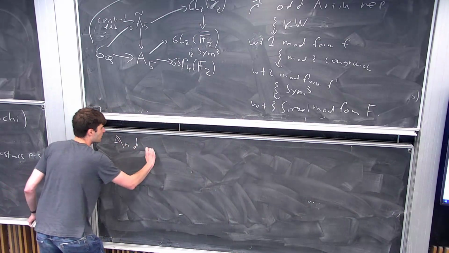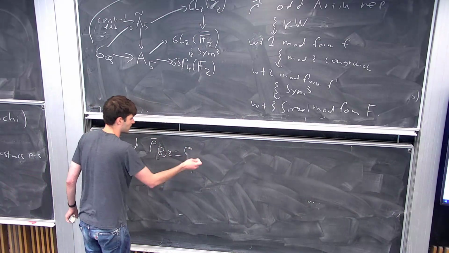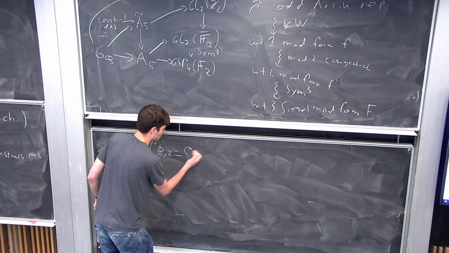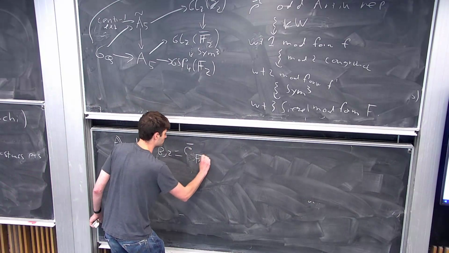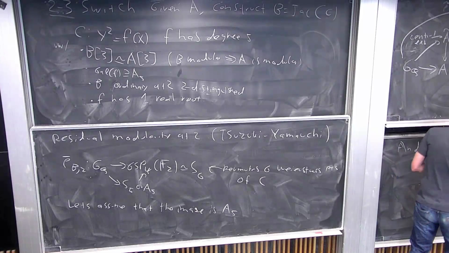And sort of rho bar B,2 is the same as the, let's call it F, or something like this. Okay, so we're happy.